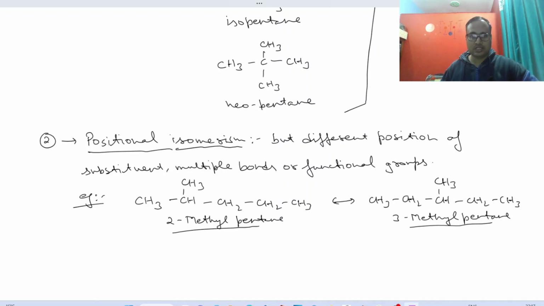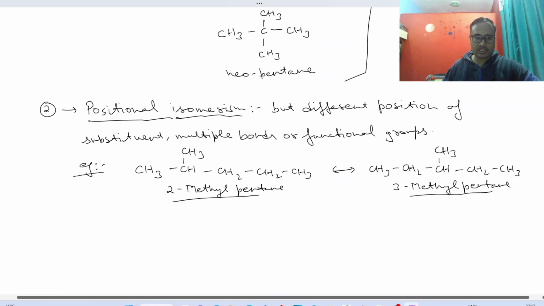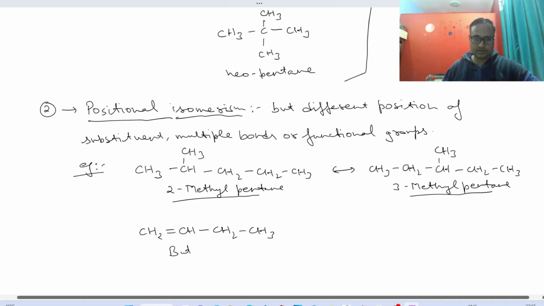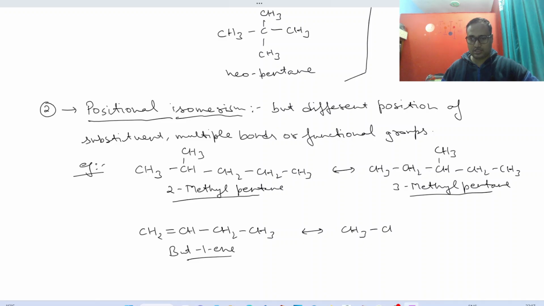If we take the example of multiple bond, then we can write CH2 double bond CH, single bond CH2, and then CH3. We can write butene or but-1-ene. That will be an isomer with CH3, CH, double bond CH, then CH3.